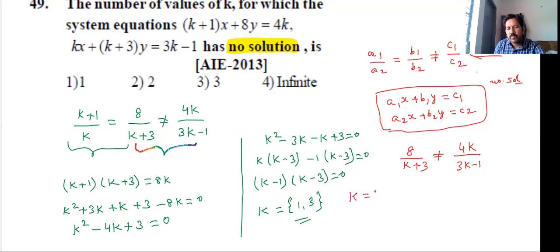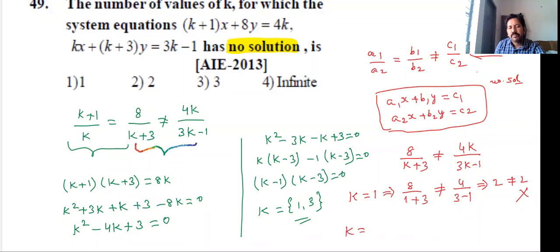If k is equal to 1, substitute: 8 by 1 plus 3, not equal to 4 by 3 minus 1. Students, here observe that 8 by 4 is 2, and 4 by 2 is 2. Is 2 not equal to 2? No. This condition is failed. That means k is equal to 1 is not correct.